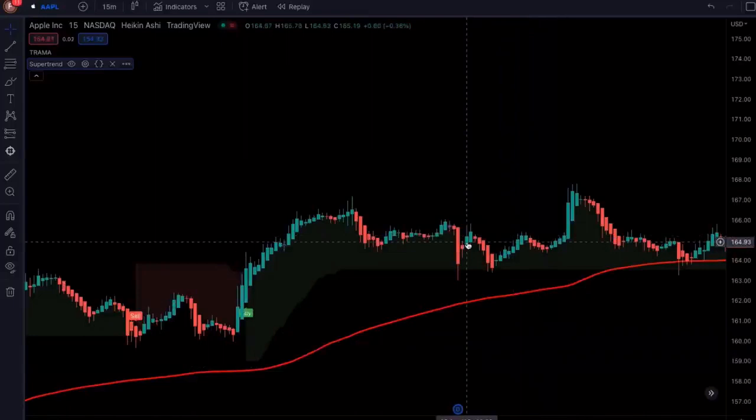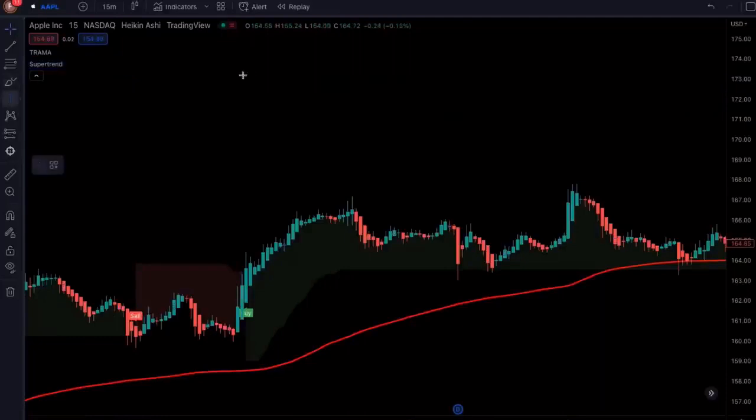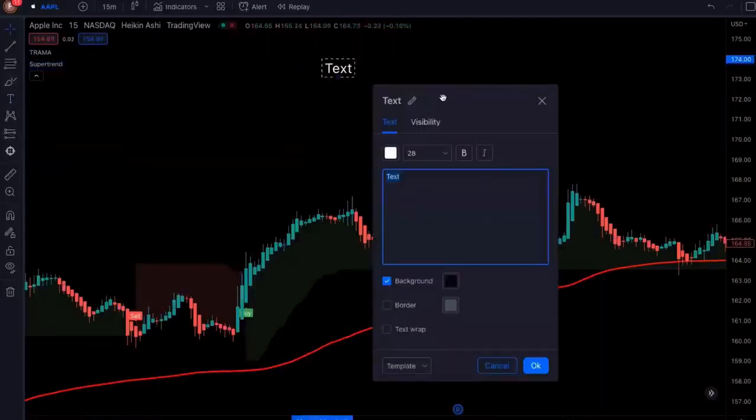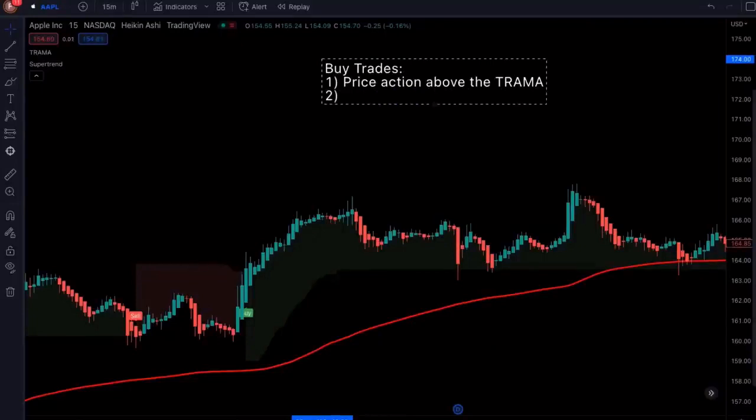Now, what exactly is this strategy? Let me pull this out so you guys can take some notes as well. For buy trades, you want price action above the TRAMA. Second, get a buy signal from Supertrend.